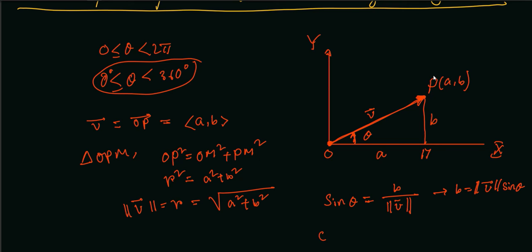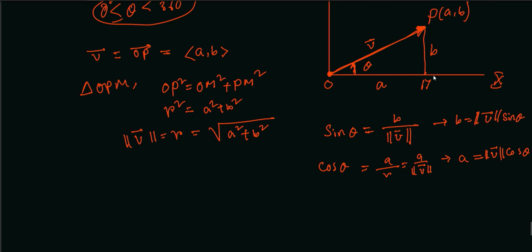Similarly, if I define cosine theta, then cosine theta equals a over R, or a over the magnitude of the vector v, which can be written as a equals the magnitude of the vector v times cosine theta.